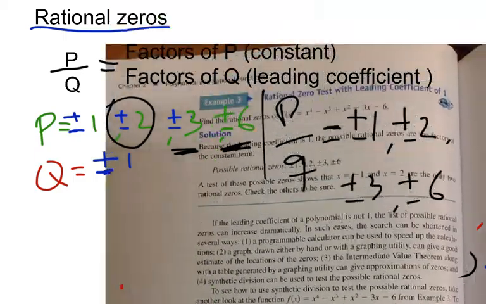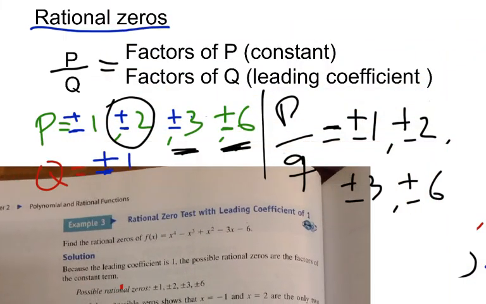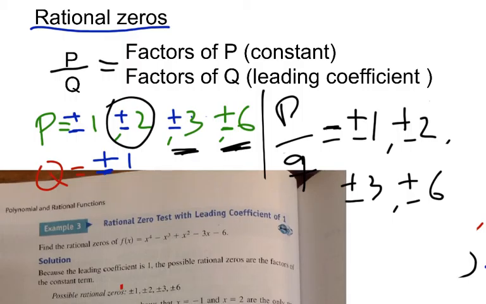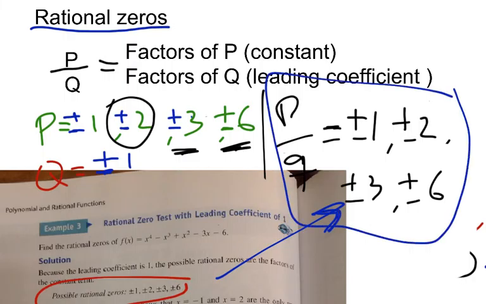What I want to show you is here: look at the possible rational zeros. Plus minus 1, plus minus 2, plus minus 3, plus minus 6, which is what we have right here. So that's how you find the possible zeros.